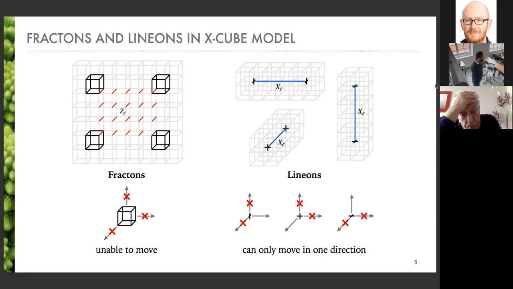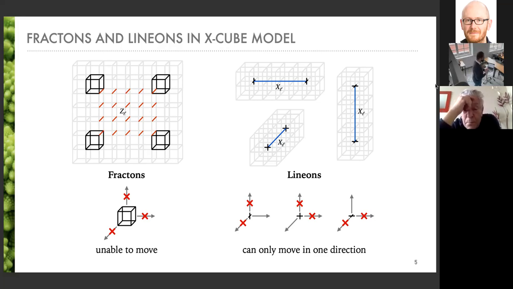But it cannot move up or down. If you take any such linear excitation and try to move it upwards by putting another X operator, it will actually leave some defect excitation here and then move upwards. So there is not really any way for this lineon to turn without needing more energy. To turn, a lineon needs more energy.